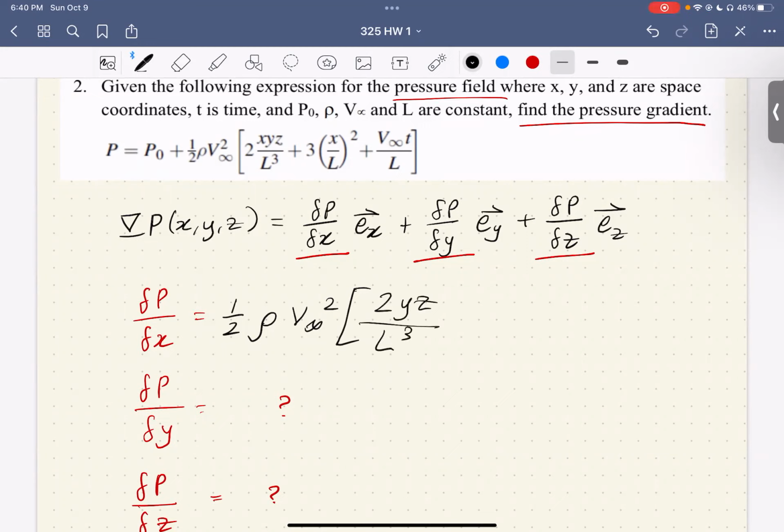Then let's just check the second one. So right over here, let's just be really careful with the squares. Right away, you can just first distribute the squares out. So that would be 3x squared over L squared. Then it's pretty simple after that. It's just simply 6x over L squared.